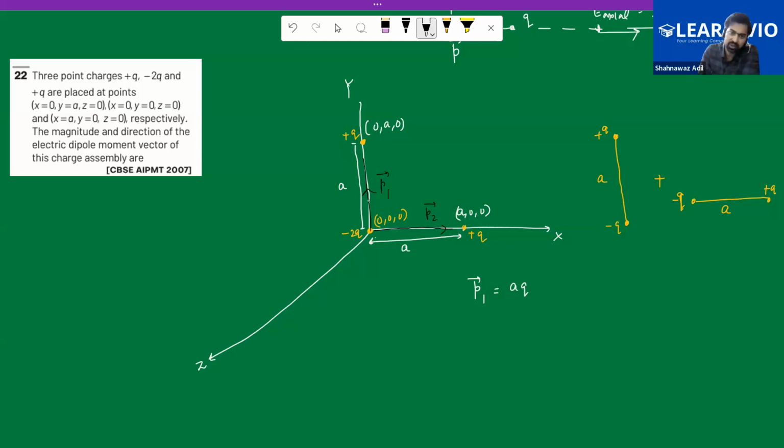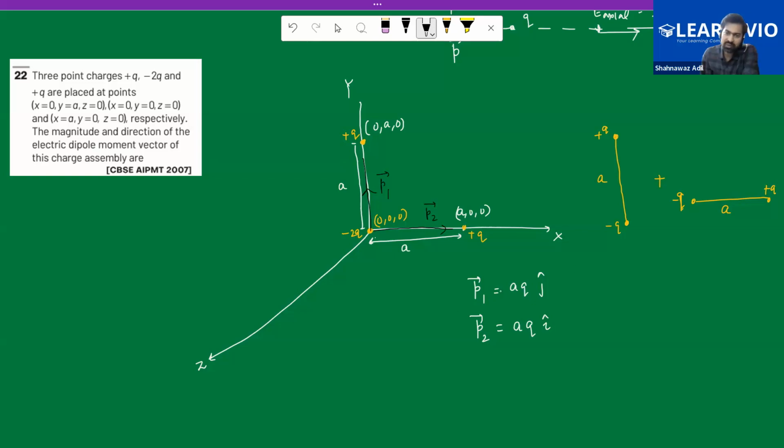Going upwards, so that is j hat. And if I want to find out P2, that is separation a, charge q, and what would be the direction? i hat, right? Absolutely correct. So this is the direction.